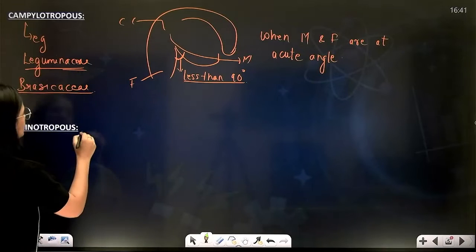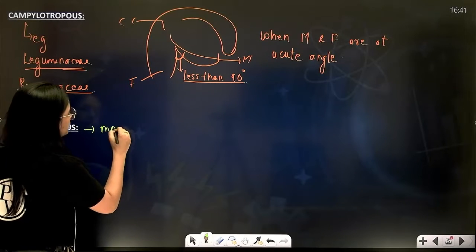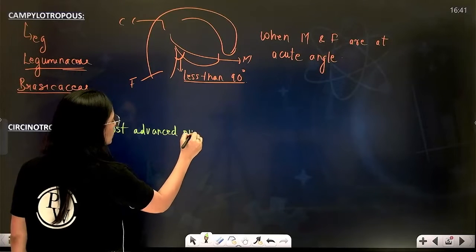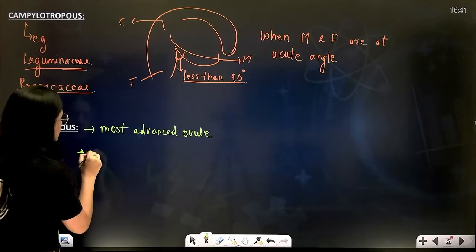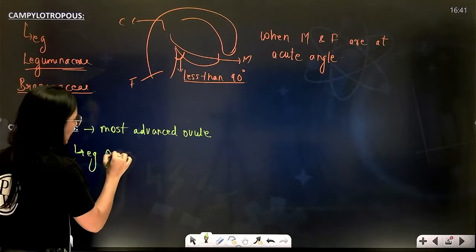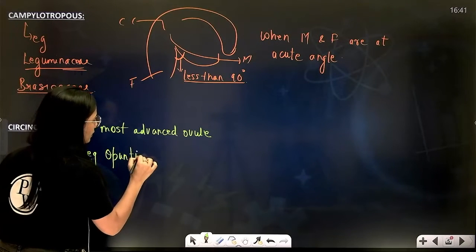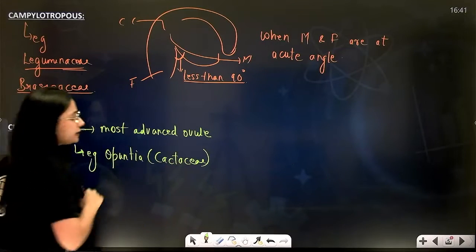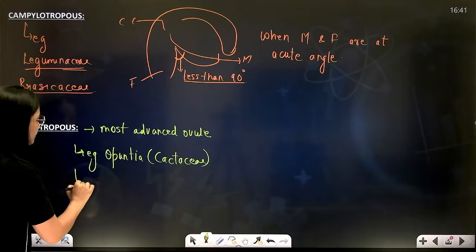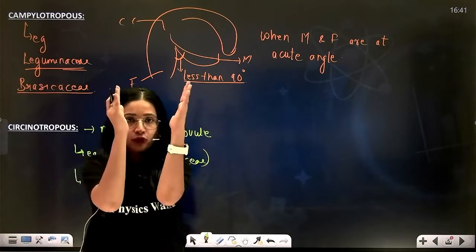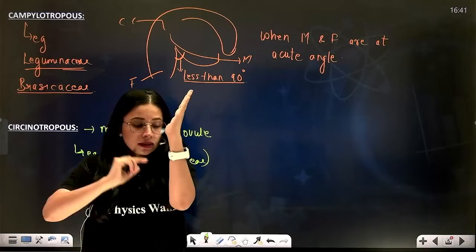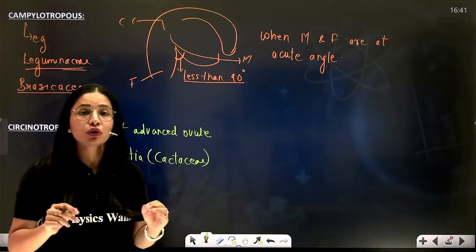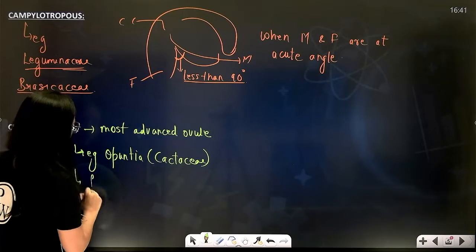Correct? So, what is circinotropous? It is the most advanced ovule seen in advanced families of angiosperm like Opuntia. Opuntia is a member of Cactaceae, Plumbaginaceae. What happens over here, beta? The ovule is orthotropous, straight, but the funicle turns 360 degrees around this orthotropous ovule. So what are you going to write?